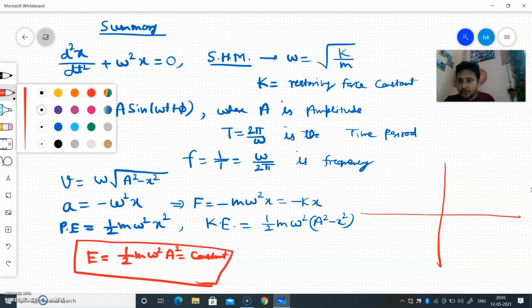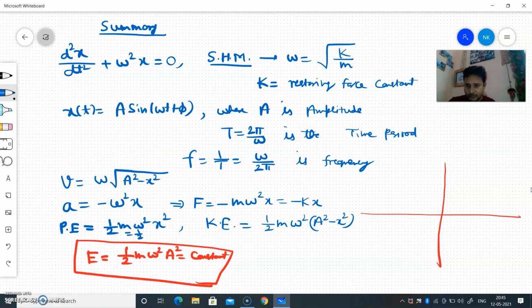Okay, I want to use some other pen. So half kx square, this is half omega square x square. This is also half kx square. Okay, and this is also half kA square, which is also constant.